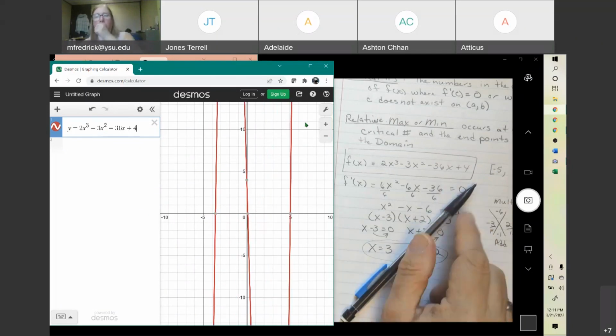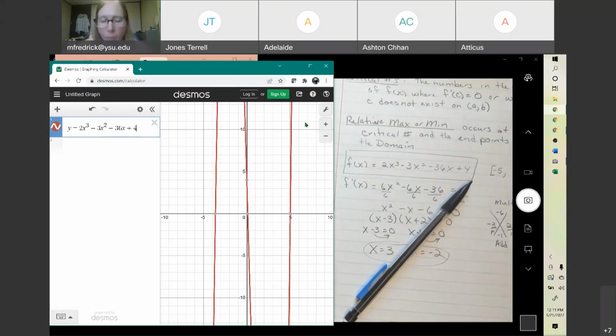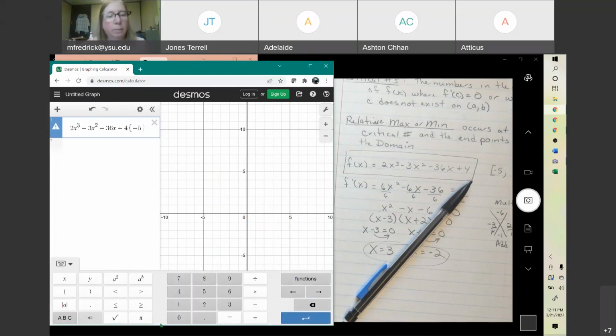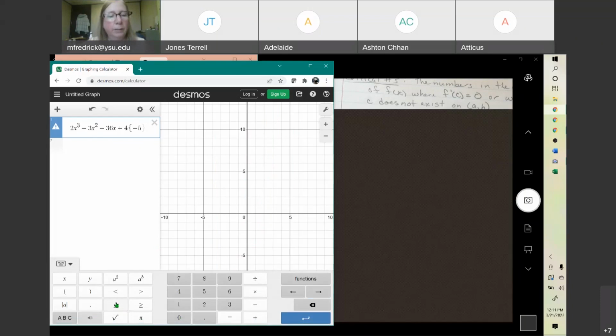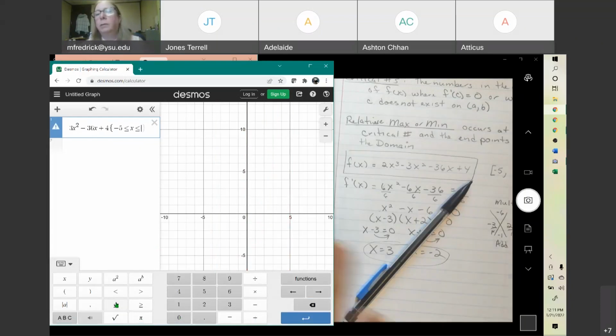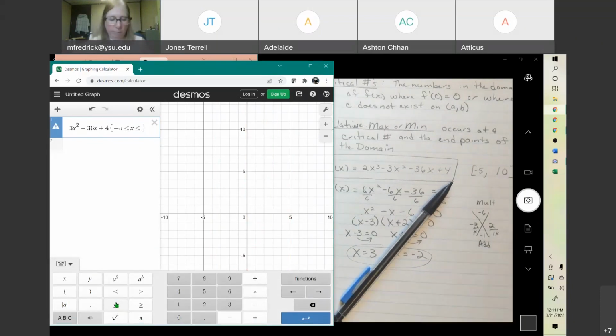Now remember, when they give us a bound, we could use cursive, -5 less than or equal to x less than or equal to 10.